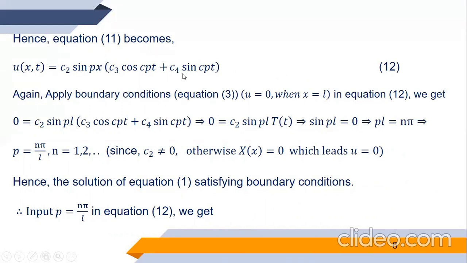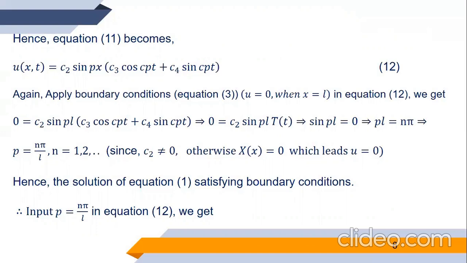So in equation 12, we apply again the boundary condition equation 3, where u equals 0 when x is equal to L. So we get 0 is equal to c2 sin PL times T(t). So T(t) not equal to 0, c2 not equal to 0, therefore sin PL is equal to 0. And that implies we get p is equal to nπ/L.